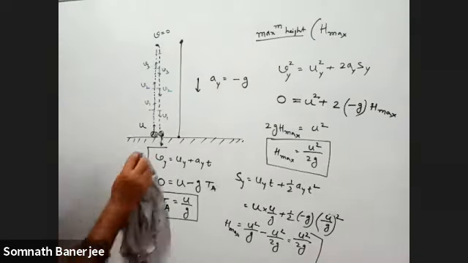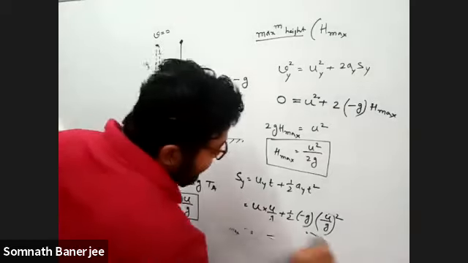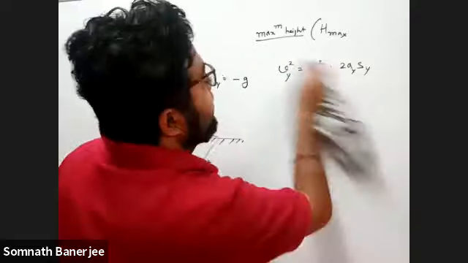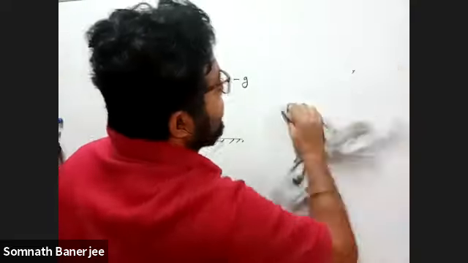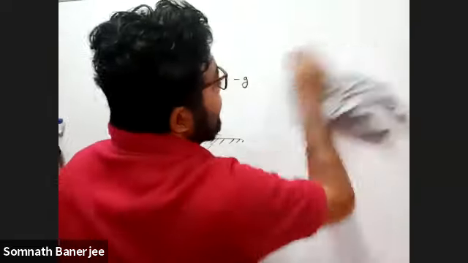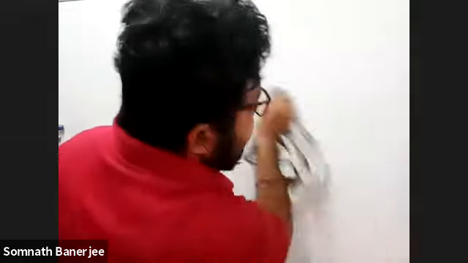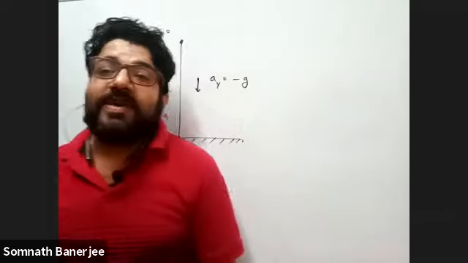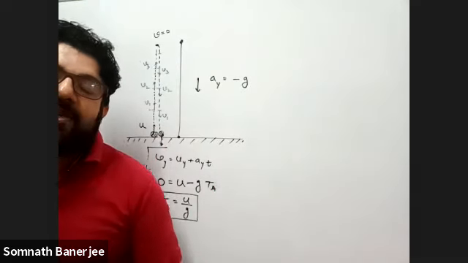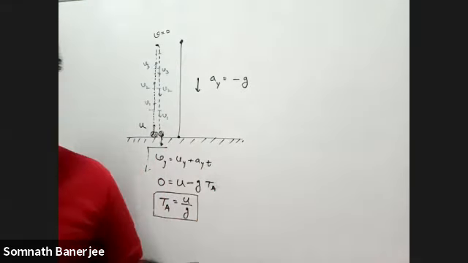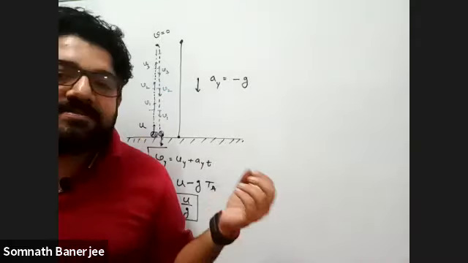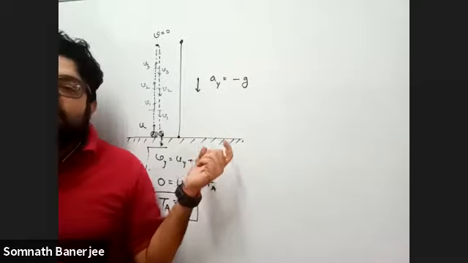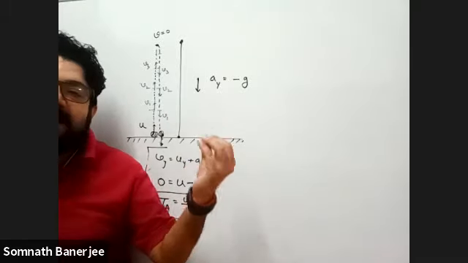After maximum height, the next important one is time of flight. Especially in school, the examiner may ask for the definition, because some teachers prefer definitions. So what is the definition of time of flight? Time of flight is defined as the time taken by the object before coming to the ground, or before hitting the ground.